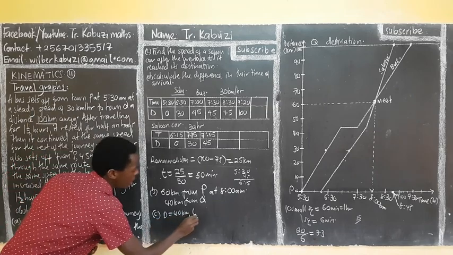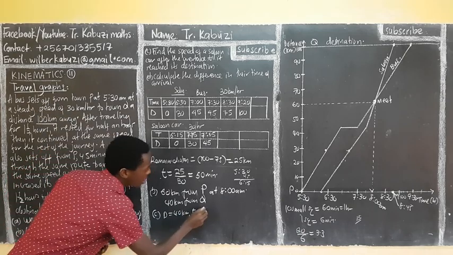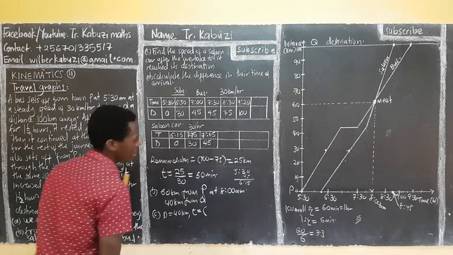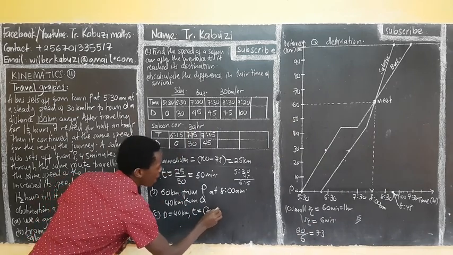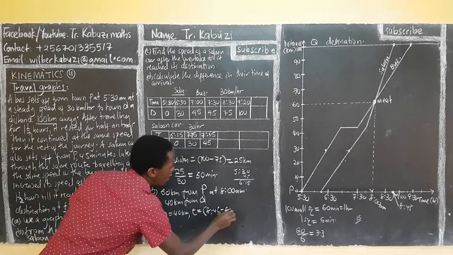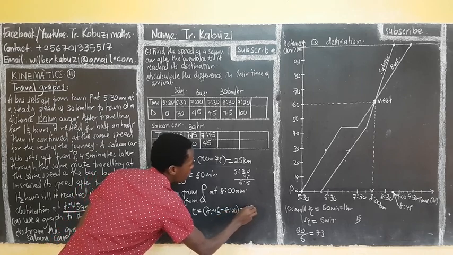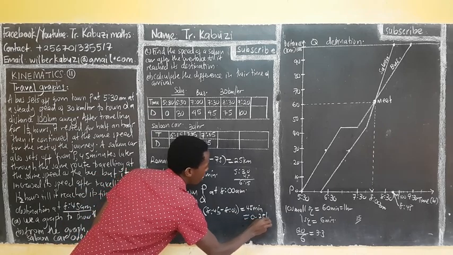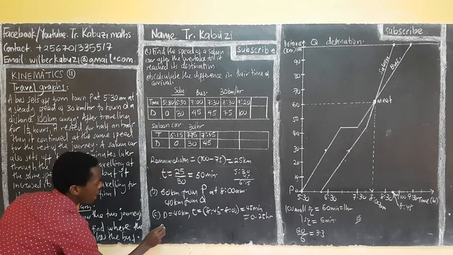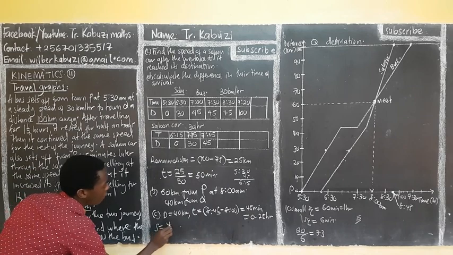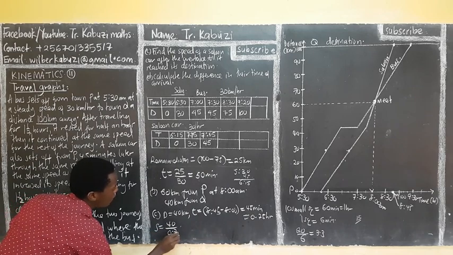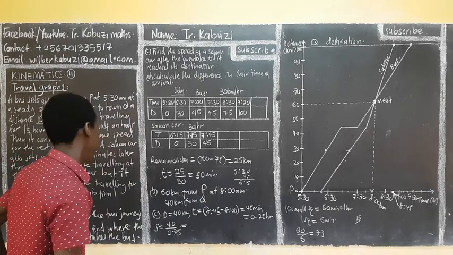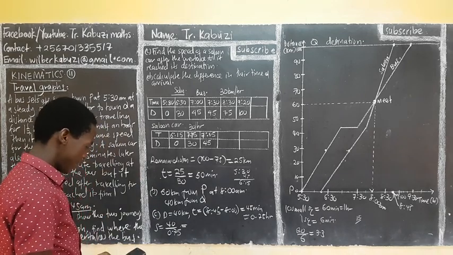Then the time is going to be from the time of overtake until the saloon car reached at 8:45, minus 8 after the overtake, which will give you 45 minutes, and that is 0.75 hours. Meaning that now the speed is going to be 40 over 0.75. When you press that on the calculator, what do you get there?